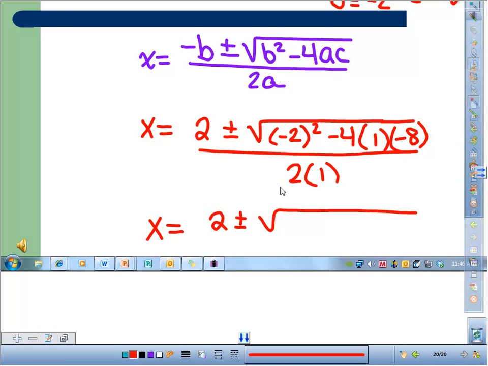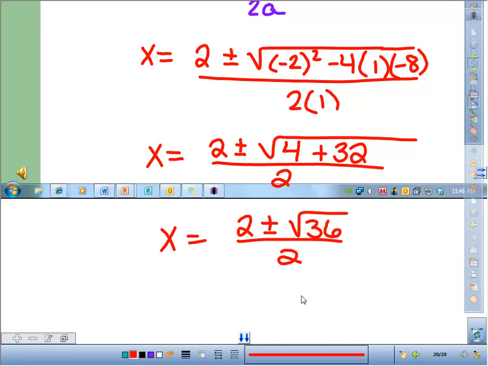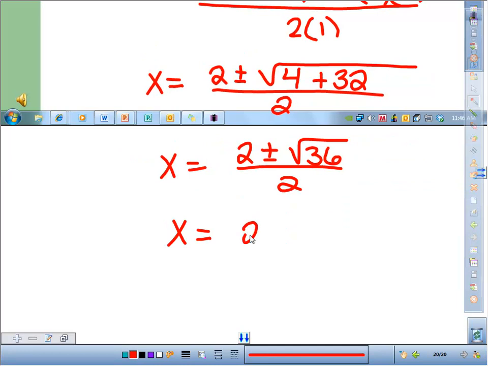Negative 2 squared is 4. Minus 4 times 1 times negative 8: a negative and a negative makes a positive, and 4 times 8 is 32. So 4 plus 32 is 36, all over 2. What is the square root of 36? 6. So we have 2 plus or minus 6 over 2.